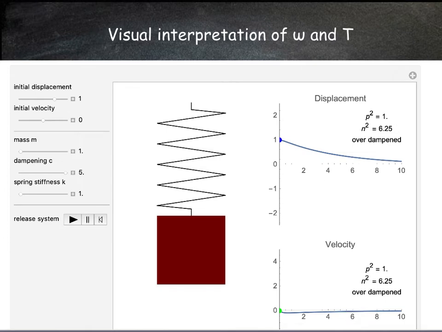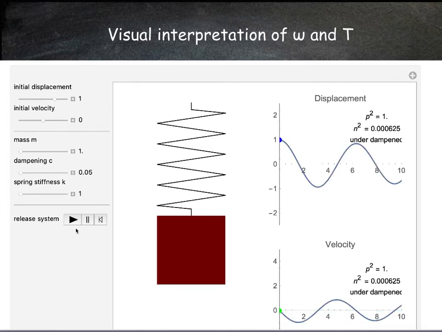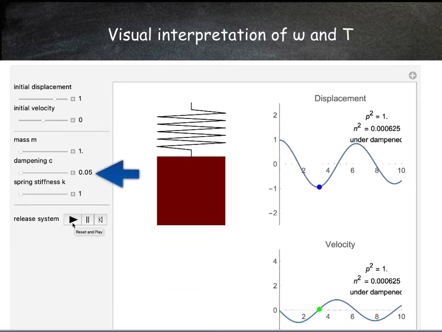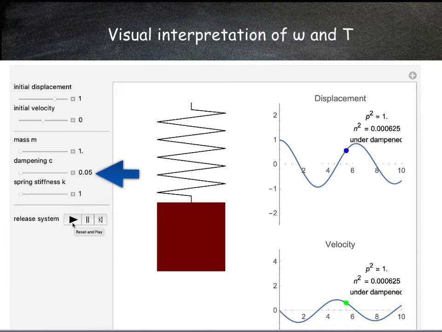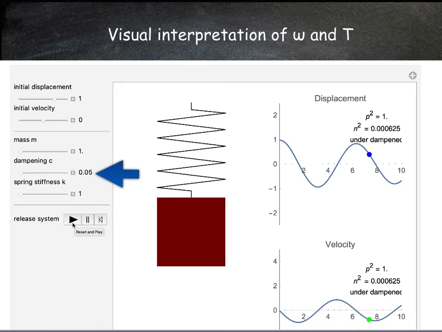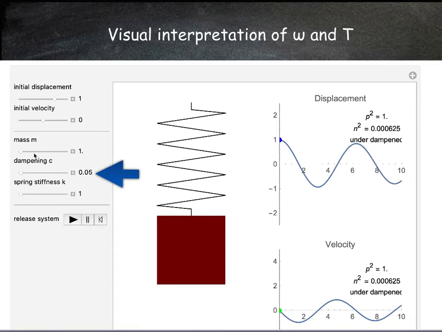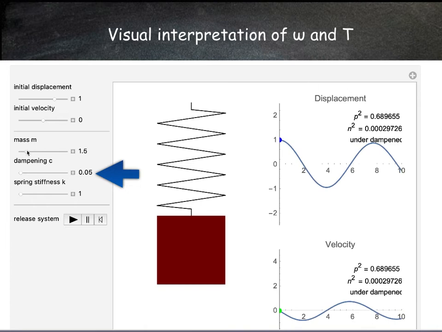There's one other very interesting effect. We call this the damping factor, and essentially it is a quantification of the friction, since in real life we always have friction. The higher the damping factor, the faster the amplitude of the oscillation goes to zero, as you can see from this plot.